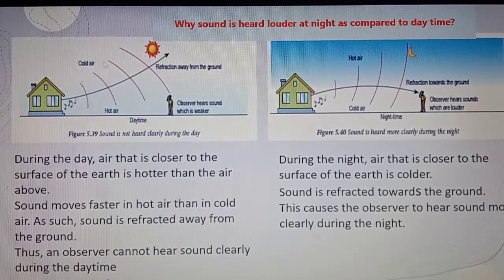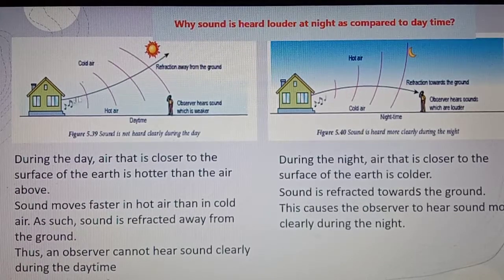So you can see the air is now divided into a few layers. Near the ground is hotter, above is colder. When traveling from hot to cold, what happened to the speed? The speed decreases.